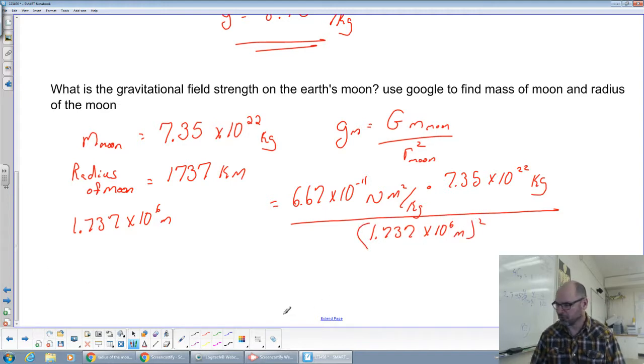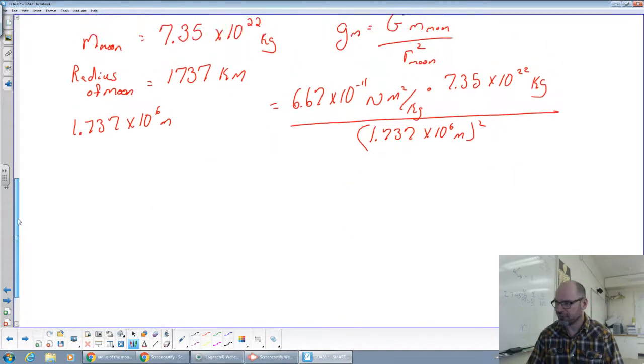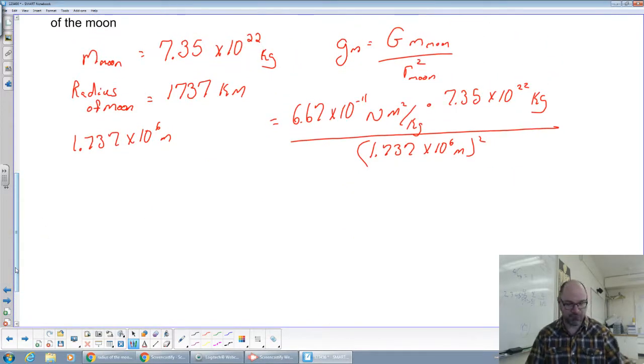Okay, so now if we move this up. If we do the gravitational field strength on the moon's surface, okay, 6.67, scientific notation negative 11, times 7.35, scientific notation 22. Okay. G of the moon.